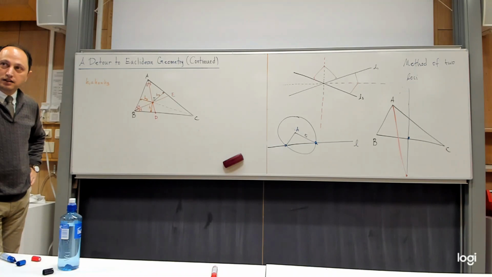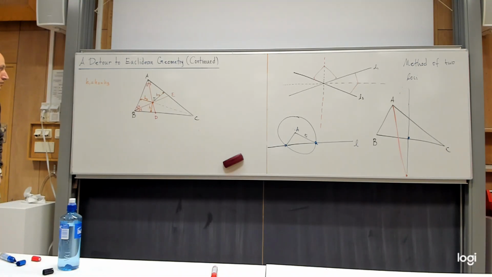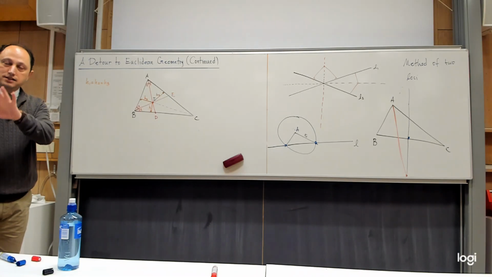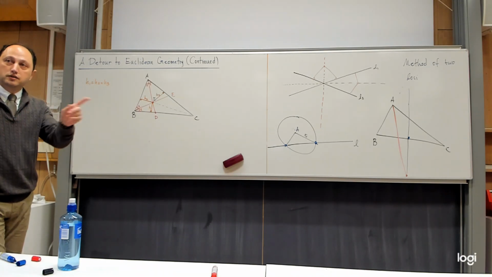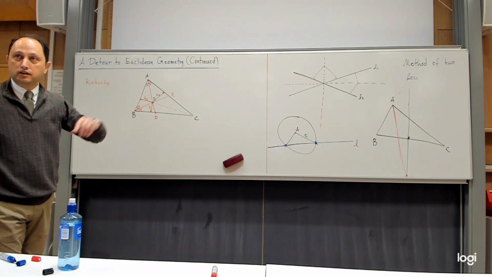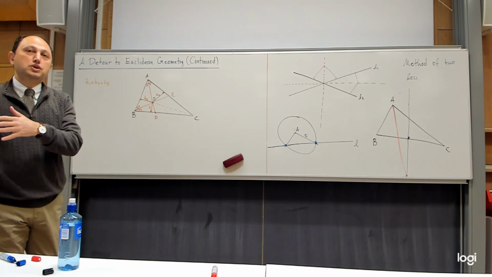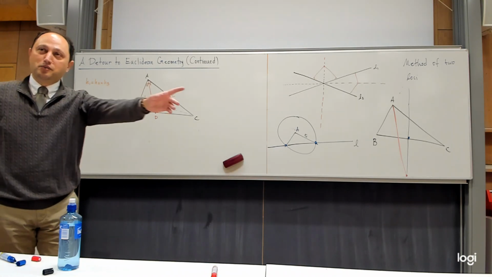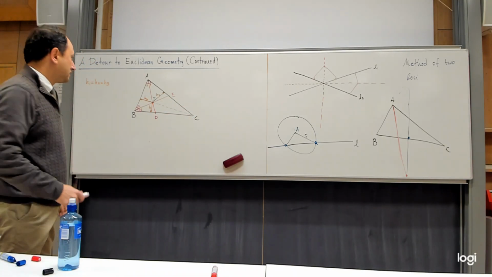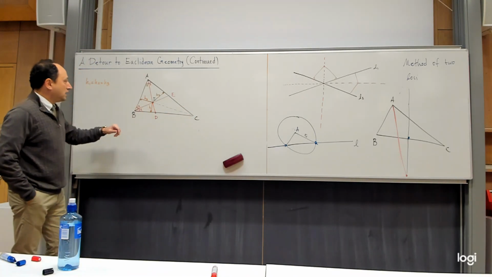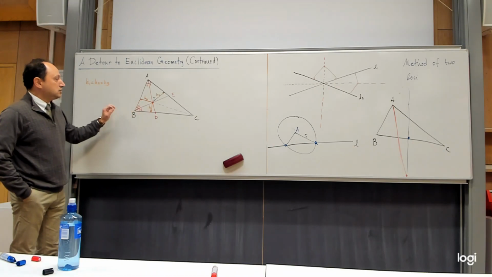Yes? Because of angle... Yes, you are right. Completely right. But I don't want to start from scratch. Use what we learned. Of course, you can always go and prove everything from scratch, but I don't want you to do that. So, for example, I am claiming that H1 is equal to H3.